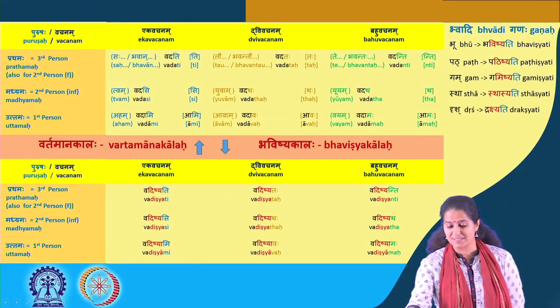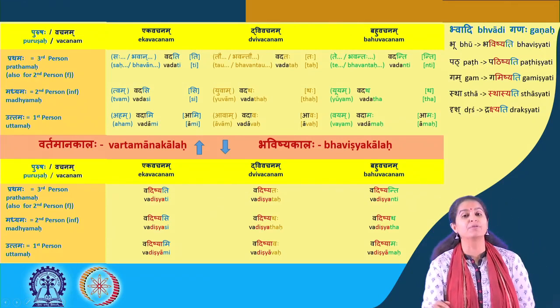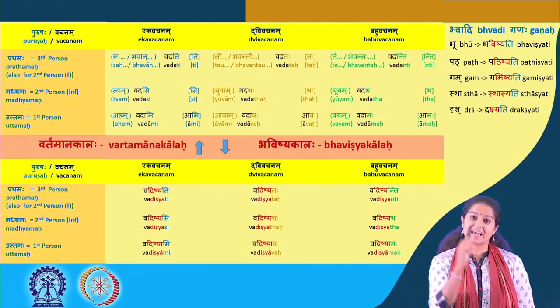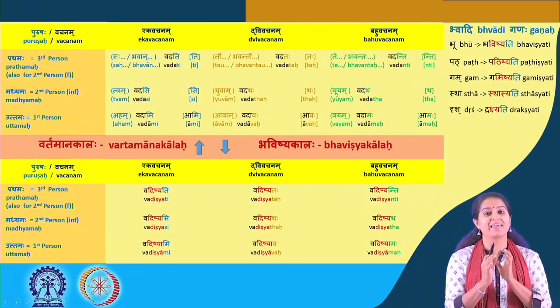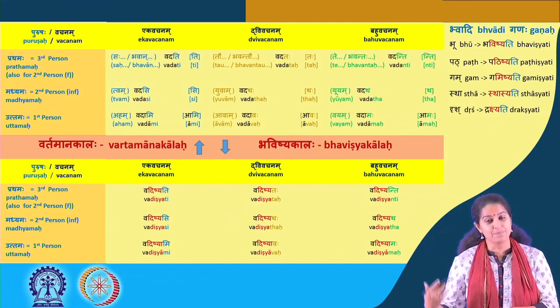We also have on the side different verbs that we have been looking at, and they are from the first group. So there are 10 groups of verbs, and they can be conjugated in 10 different tenses and moods, which are known as the lakaras.